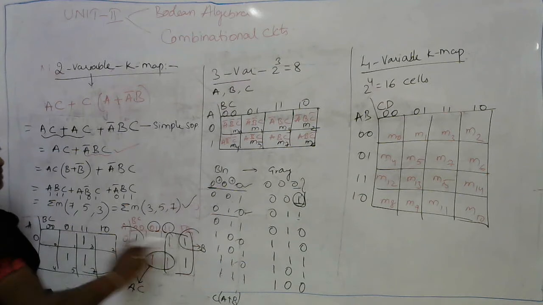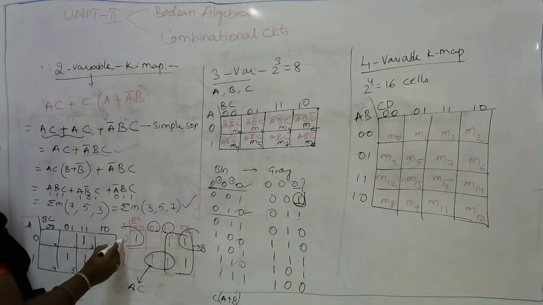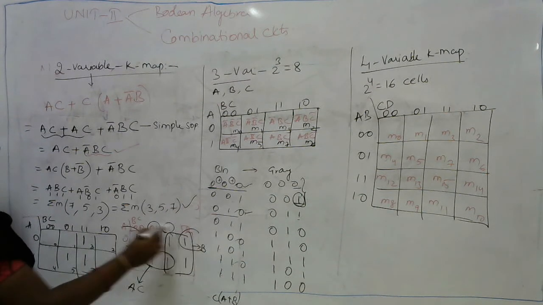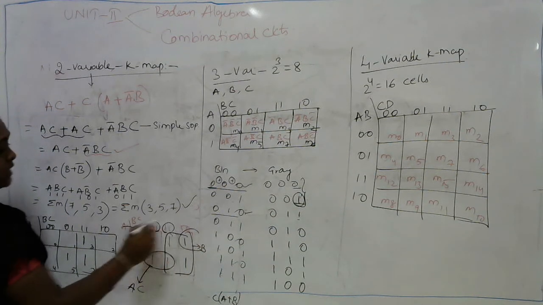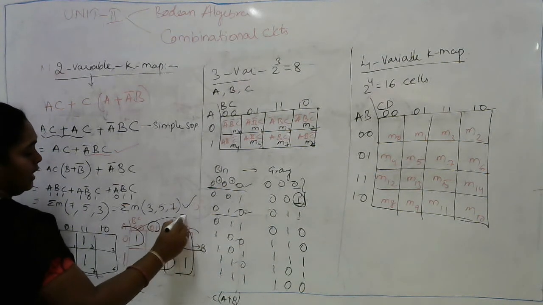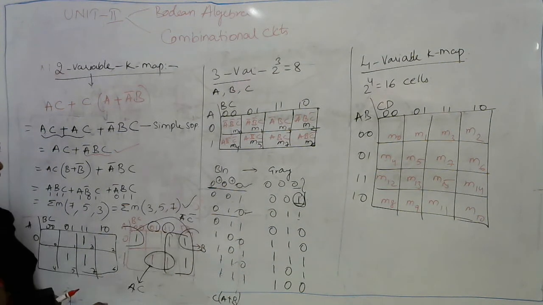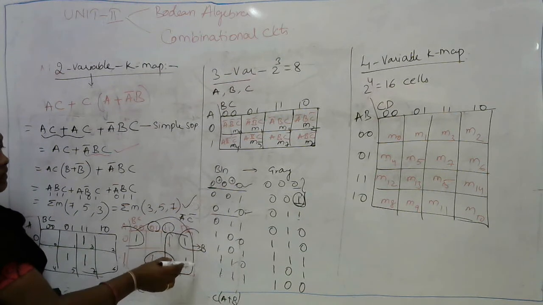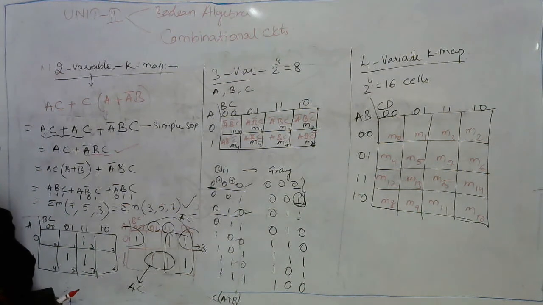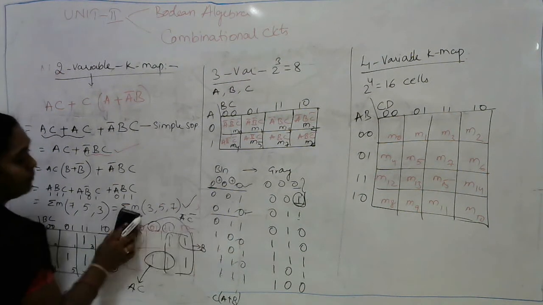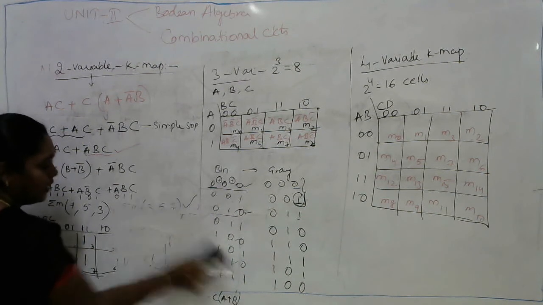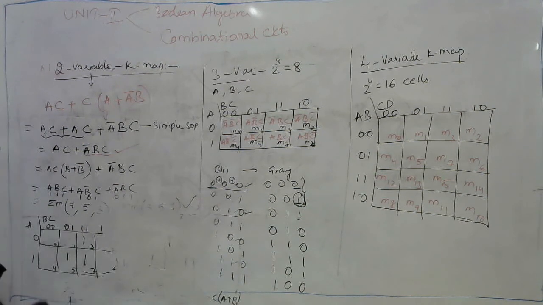So here, as it is in the single row, that is corresponding to A bar, and here it is having two columns, 0 0 and 1 0. So the expression for this is A bar C bar. So the overall expression is AC plus A bar C bar plus B. So this is how to simplify the given Boolean expression by using a K-map without using any laws or theorems.